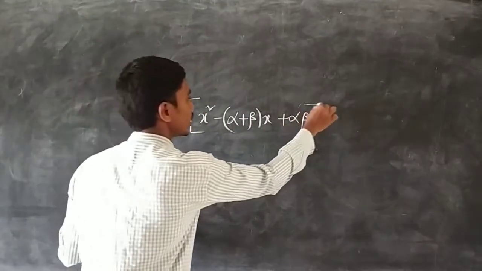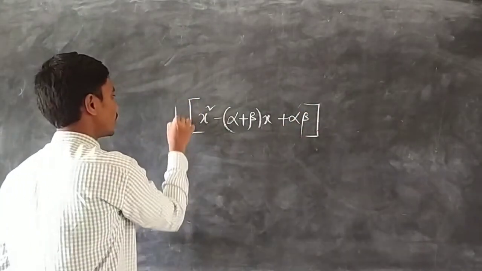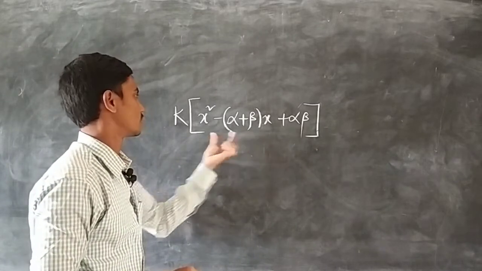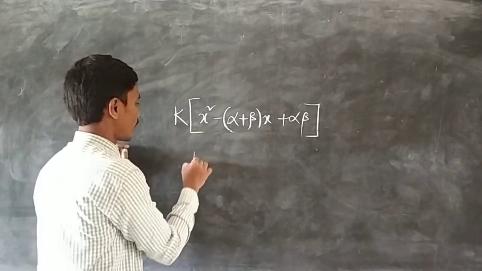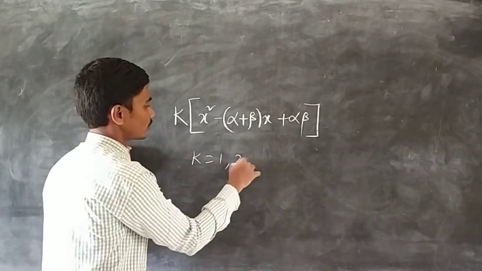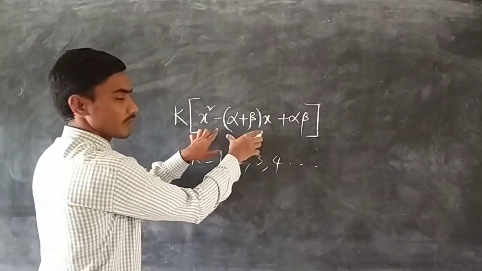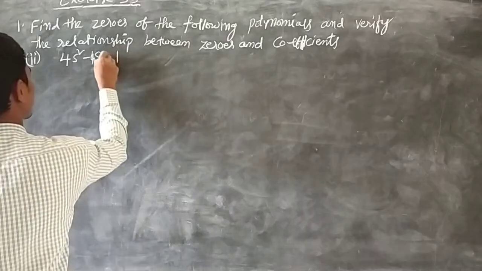If the entire expression is multiplied with k, the expression's zeros don't change. Whether the value of k is 1 or 2 or 3 or 4, whatever it may be, the zeros do not change.